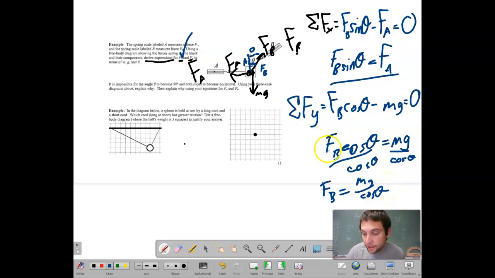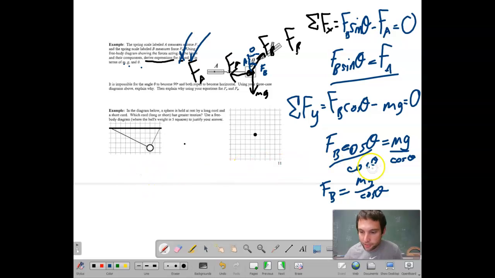Are we in our limits here? It says in terms of mg and theta. Cosine is fine because that's just the function that we're doing. Up here, we say FA equals FB sine theta. Okay, well now we know what FB is. So we have FB completely, but FA does not meet our requirements.